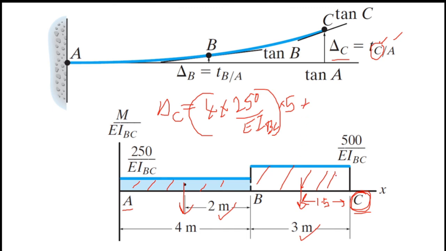Then I will consider this rectangle. Here the area is, BC length is 3 meters and this rectangle height is 500 over EI BC. And the distance to the centroid is 1.5 meters. So this is the deflection of point C.